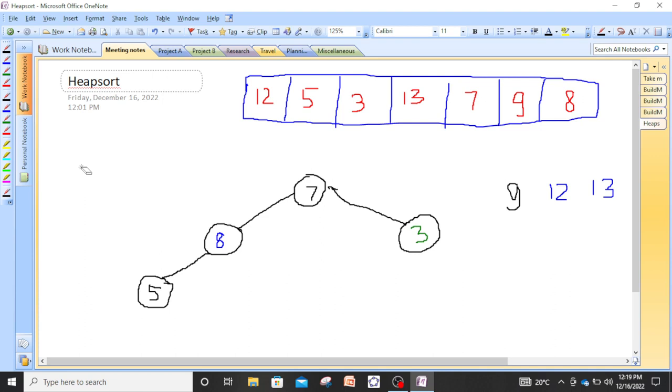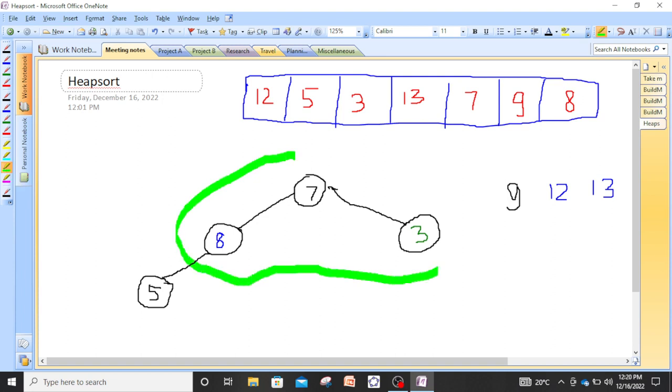The root node must be max heapified, and for that we take the root node with its children. You see the root node 7 with its children inside the green enclosure, and the root node 7 is smaller than 8. So obviously there will be an interchange, and that interchange will go in this direction.